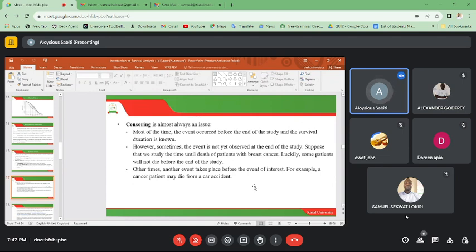Other times, another event takes place before the event of interest. For example, a cancer patient may die from a car accident. These are the censoring questions that we are looking at. Before the event of study, another event that was not of interest occurs, and that means a censoring event has occurred.